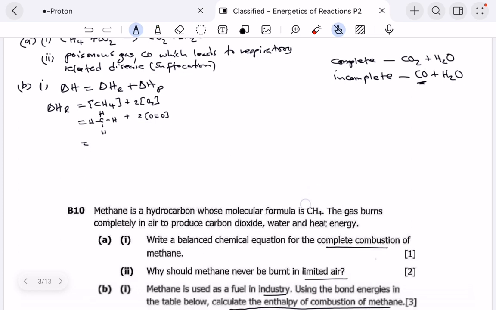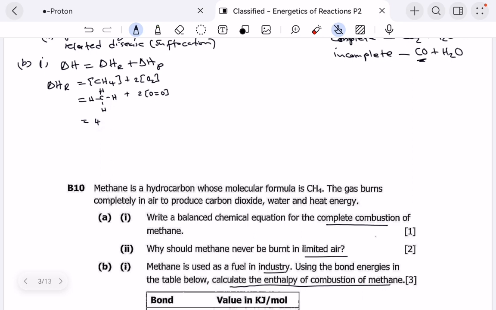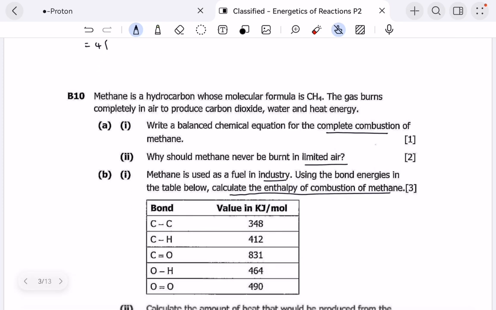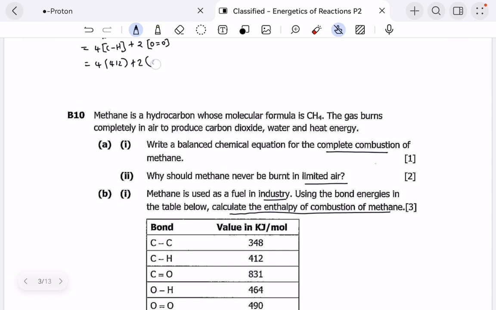To illustrate more, we are looking at CH4 and then 2 O double bonds. When you go to the bond energies table, you realize that you have 4 of the CH bond, and 2 of the oxygen double bond. So this will be 4 times 412 (the CH bond) plus 2 times 490 (the double bond). When we do the overall math, we get 2628 kilojoules per mole.